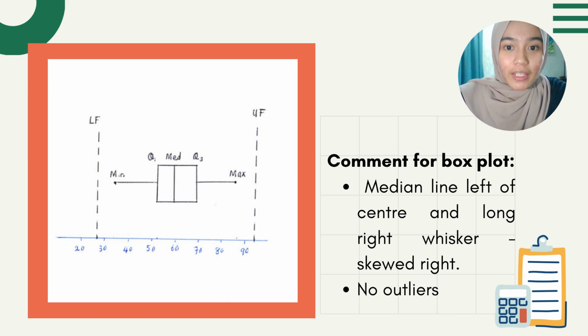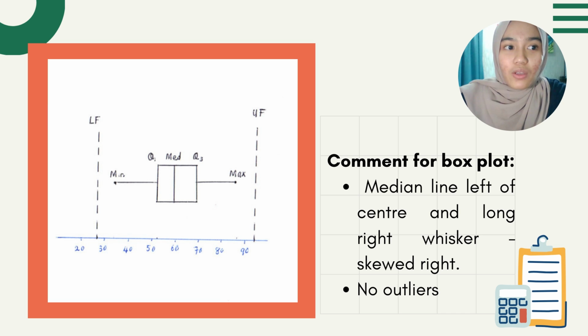Since Q1, median, Q3, upper fence, and lower fence are calculated, we can start to construct the box plot. First, draw a horizontal line to represent the scale of the measurement. Second, draw a box using Q1, median, and Q3 and mark the upper fence and lower fence. Next, draw whiskers connecting to the given maximum mark, which is 87, and the given smallest mark, which is 34.